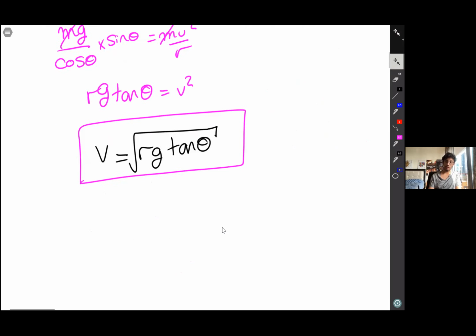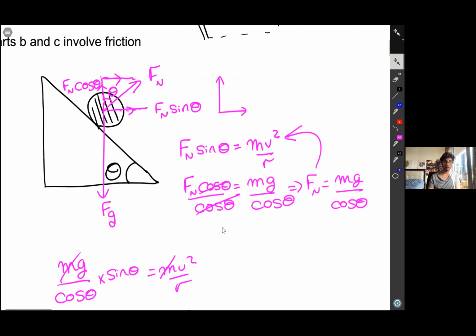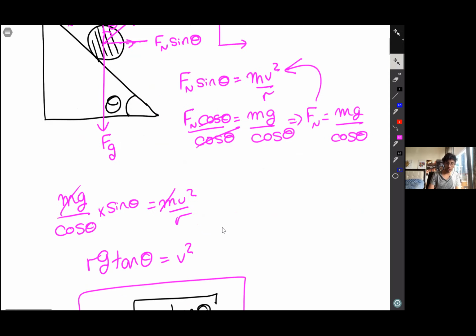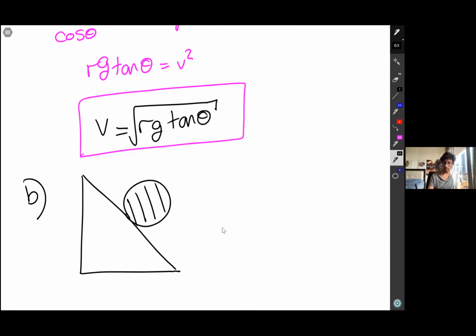Let us look at the case where we want to find the maximum velocity we can go when there is friction. Part B. Let's draw the same sort of diagram we had up here. Again, there is a force of gravity acting downwards, Fg, and a reactive force acting upwards, Fn.